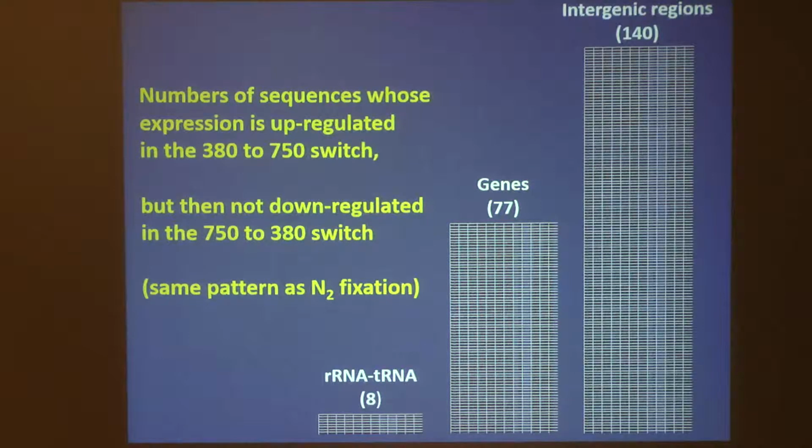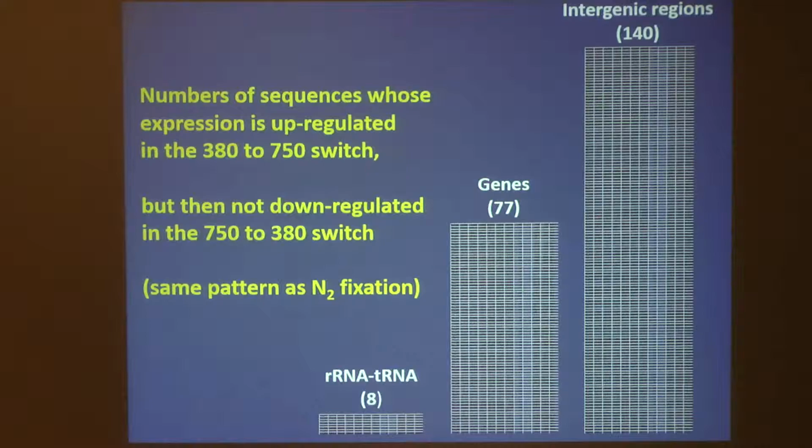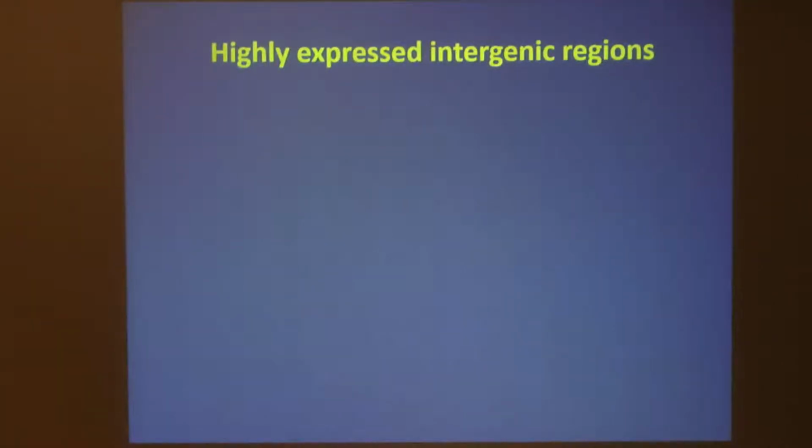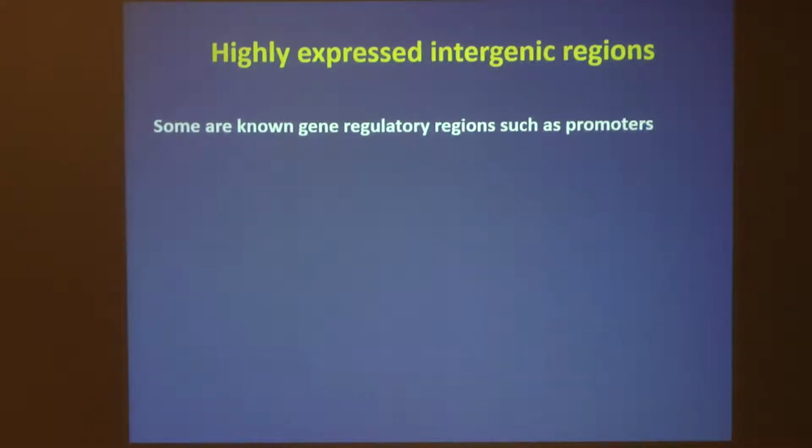Look at the intergenic regions. 140 intergenic regions were upregulated in those stuck cell lines. What's going on? Well, we looked at what these intergenic regions are, and Nate did a very nice job. This is his work.